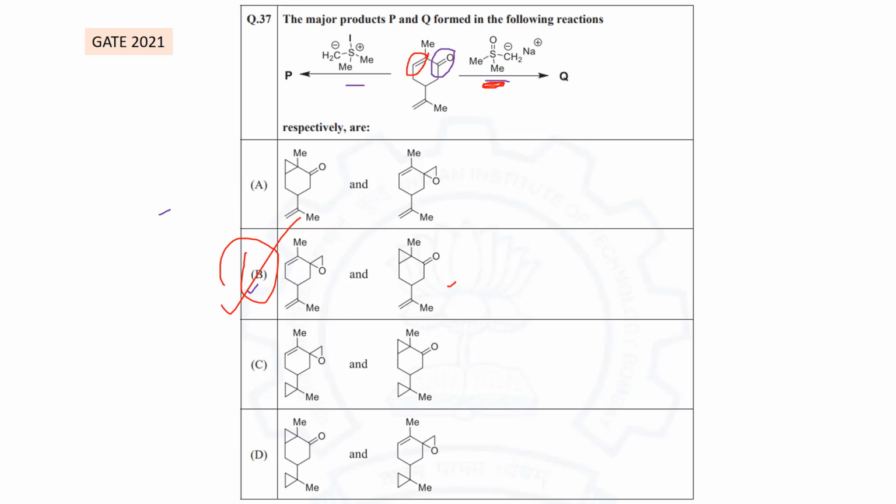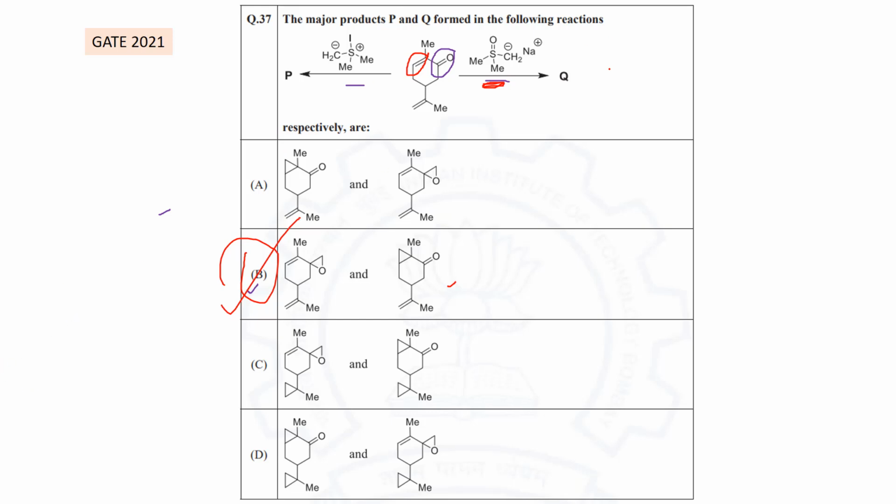Okay, so if it is sulfonium ylide, it will selectively react with the carbonyl compound to give an epoxide. But if it is a sulfoxonium ylide, if there is only a carbonyl compound, this will also give an epoxide. But if there is an alpha beta unsaturated carbonyl compound, then in that case it will react with the alpha beta unsaturated double bond.